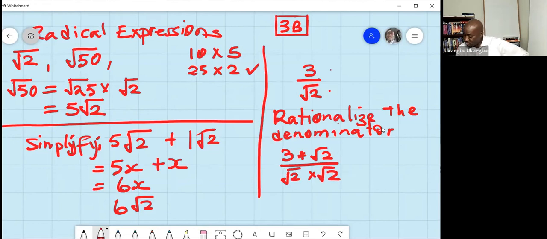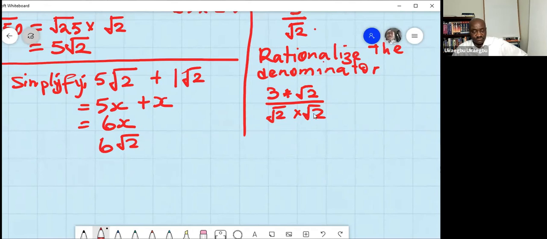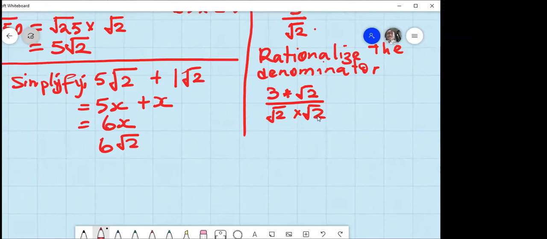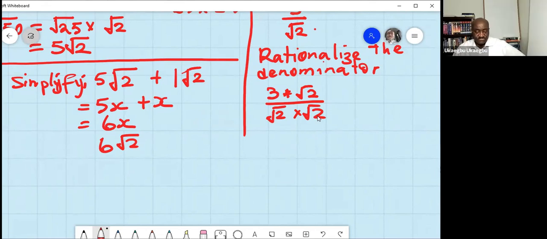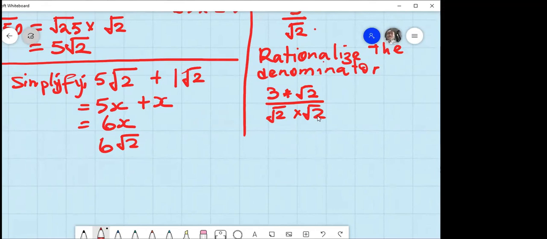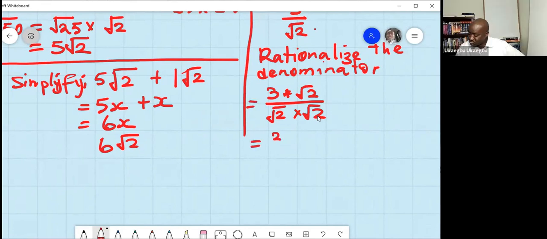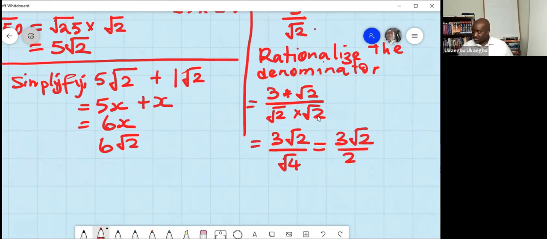What is square root of 2 multiplied by square root of 2? It's square root of 4, which is 2. So this is equal to 3 root 2 over square root of 4, which is the same thing as 3 root 2 over 2. This is the solution.